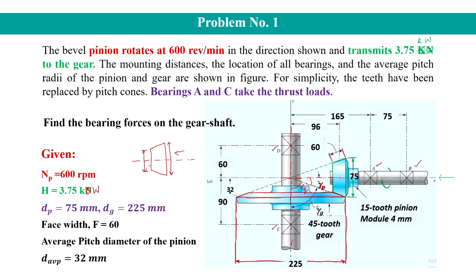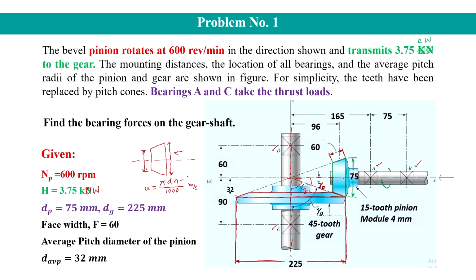So, which diameter we should take to calculate the pitch line velocity V, which is pi times pitch circle diameter times the RPS, rotation per second, divided by 1000, because D is taken in mm and this will come in meter per second.